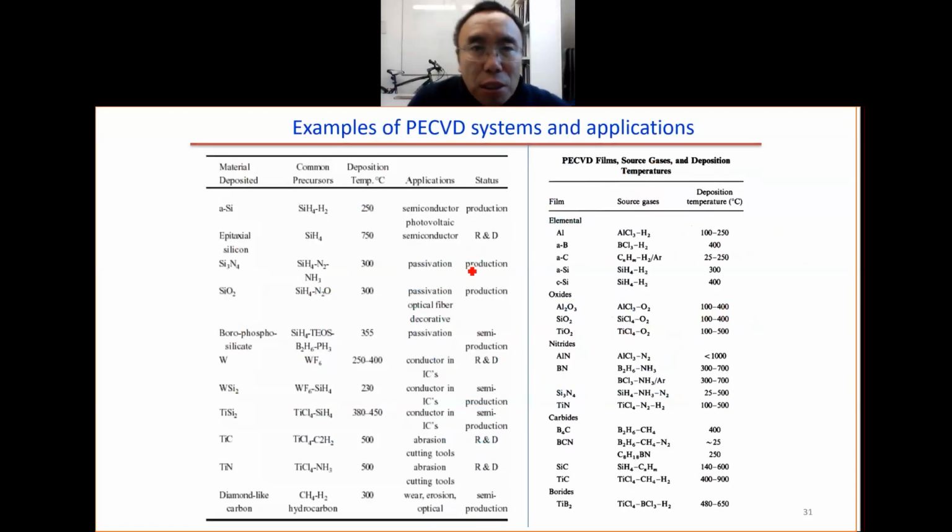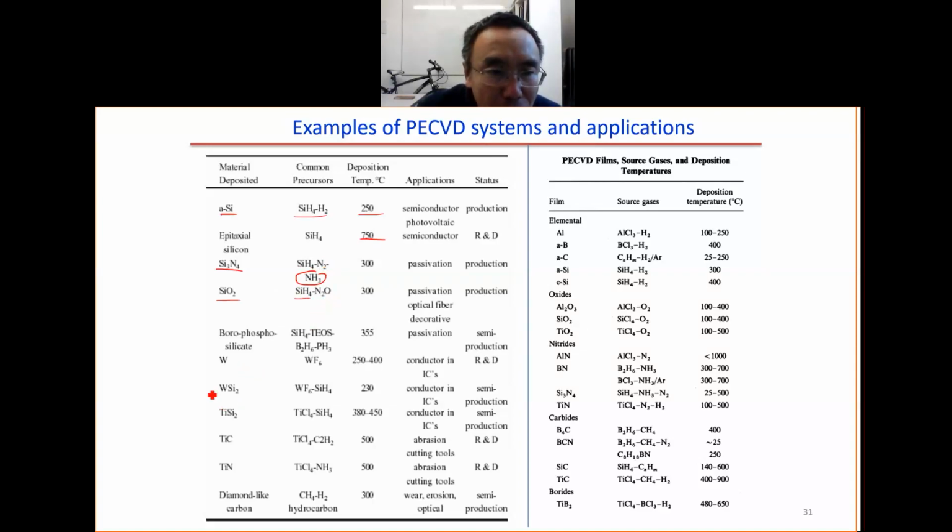Here are examples of the PECVD system. For amorphous silicon, we can use silane at this temperature, or even lower. Epitaxial silicon can be done at higher temperature. For silicon nitride, we use this gas, but normally we use just silane and this gas. Nitrogen will also work. For silicon oxide, we can use silane and N2O.